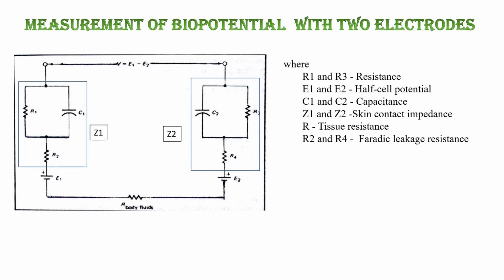Now we will get into the detail about the measurement of biopotential with the two electrodes. Generally, we know that electrodes are used to measure biopotentials. In this equivalent circuit, the biopotential electrode in contact with the body consists of a voltage in series with a resistance and capacitance network.